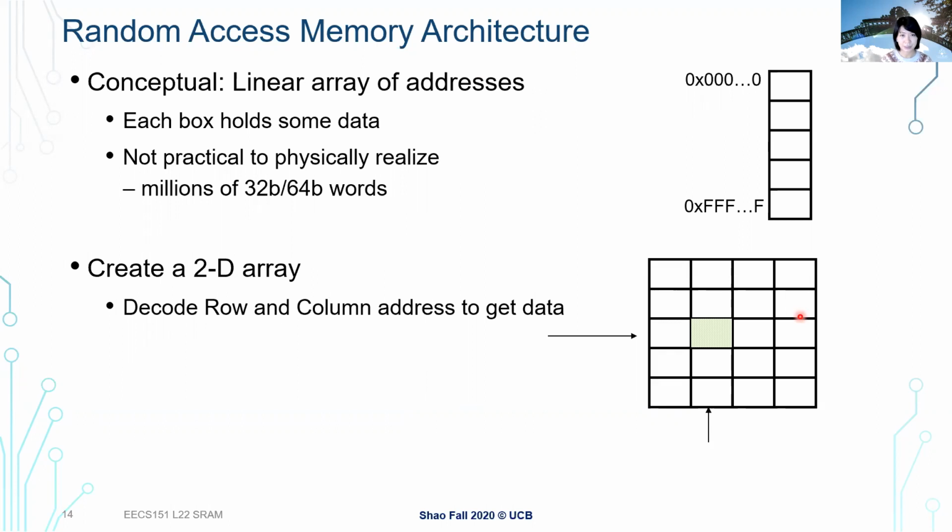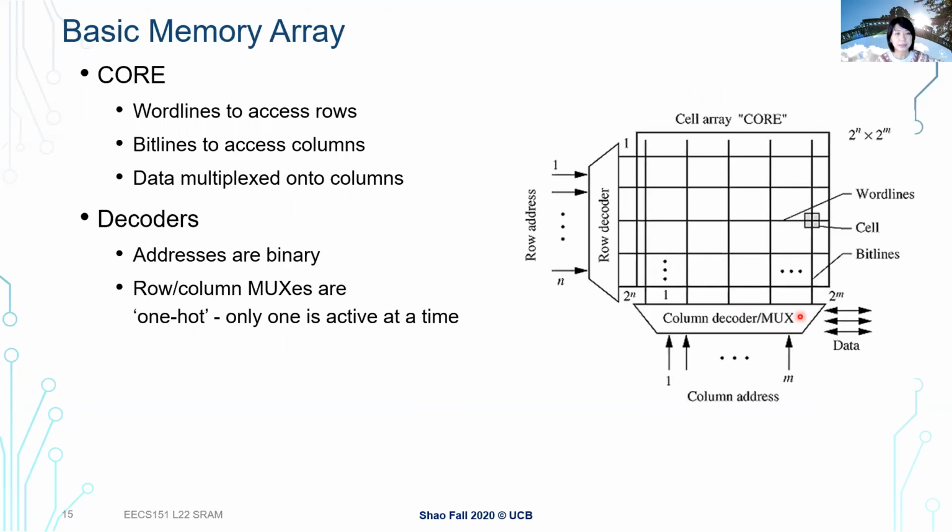to access the data. So if we look at a basic memory array, we mentioned it's more like two-dimensional, right? We need to have row addresses and also column addresses so that we can specify which cell we are accessing. Some terminology that you will run into when you think about any two-dimensional array design, especially when we talk about SRAM, is that the row addresses eventually will become one-hot encoded.